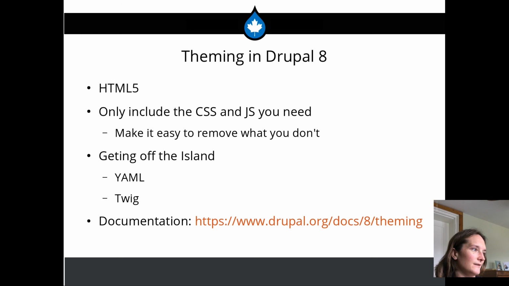For example, YAML is a markup language used for metadata, and that's where all of Drupal's info files and other metadata files are going to be using YAML. And we're also going to be using Twig for templating, which we'll get to more in part 2 of this series. And you can see the documentation link there, so that will tell you more. If you want to know more about any of this in detail, that's where all the Drupal documentation is for Drupal 8 theming.